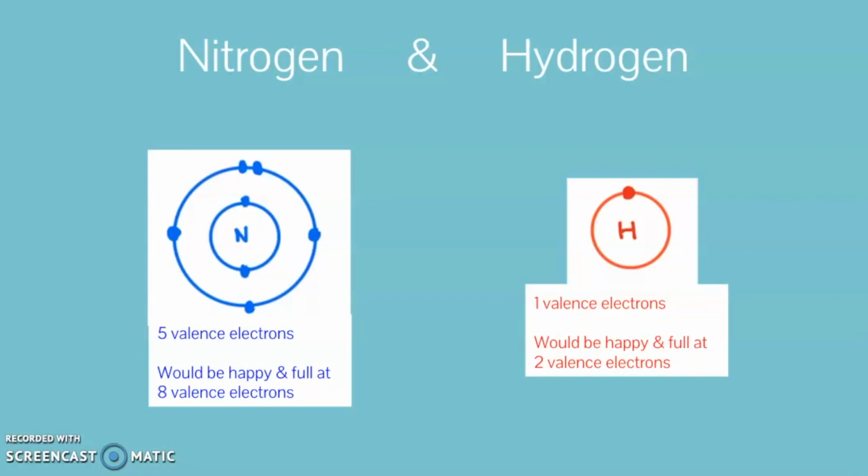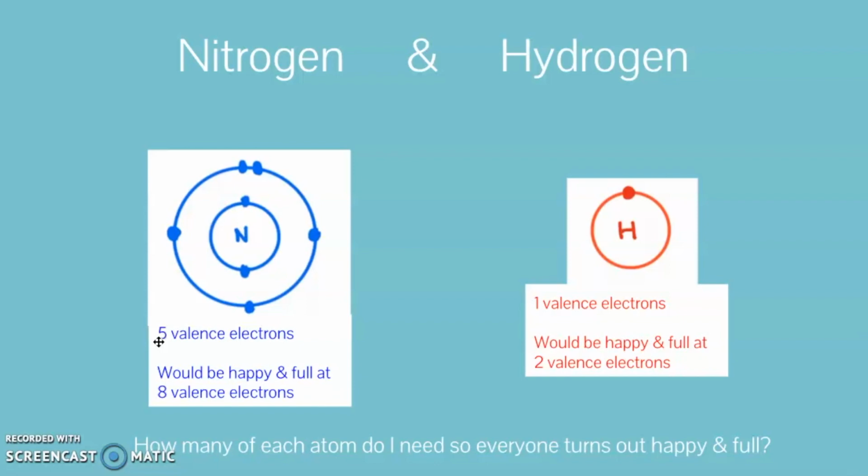Okay, so I've looked at them individually, and now I'm starting to think about how are they going to bond. We want everyone to be happy and full in the end. So how many atoms of nitrogen am I going to need? How many atoms of hydrogen am I going to need so that everyone is happy and full? Remember, nitrogen has 5 valence electrons right now, and it wants to be at 8.